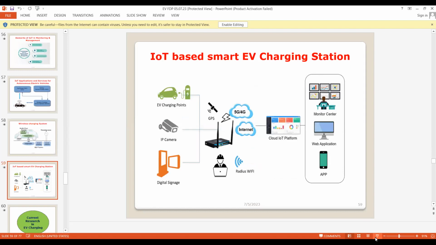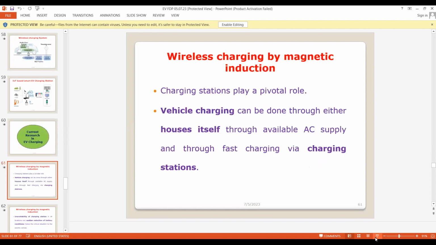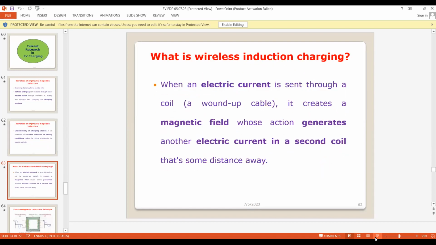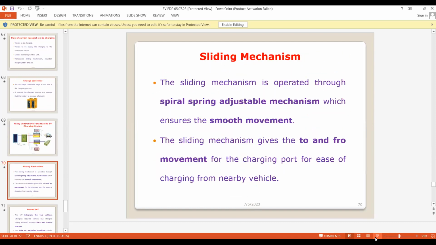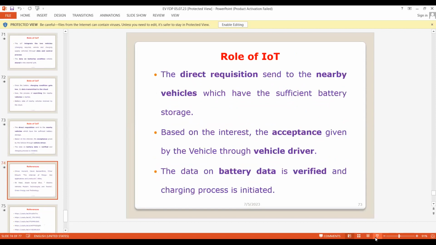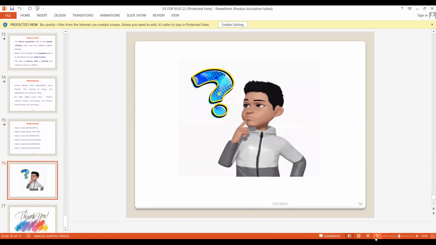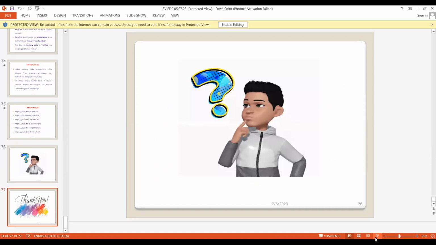And IoT-based smart EV charging stations. The main research in wireless charging stations is here, and the fuzzy method we also see. So these are the references. Any questions regarding this?